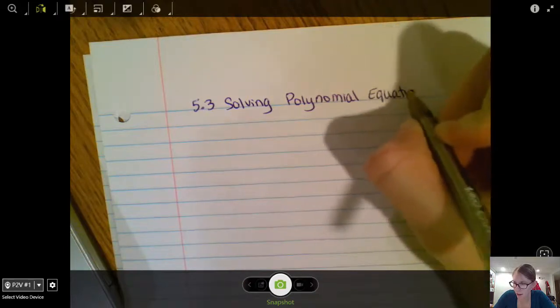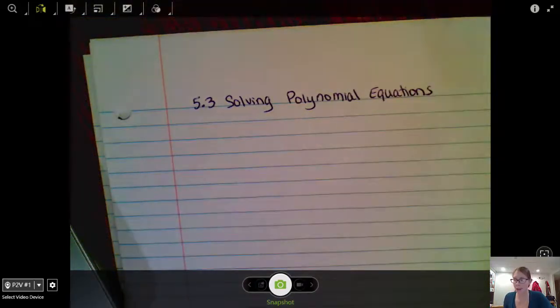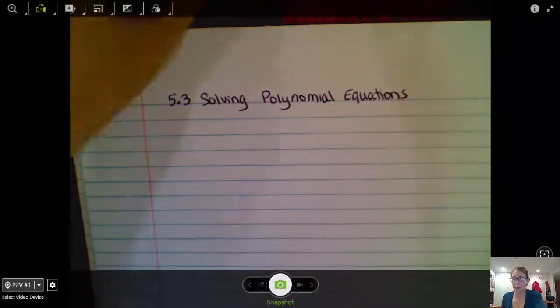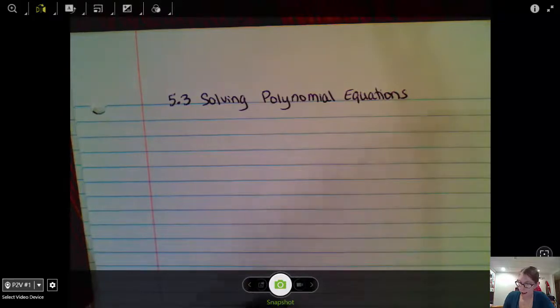Before we really even get started with specific examples of solving our polynomial equations, I want to go over some of the strategies that we've learned already that we can use to factor.